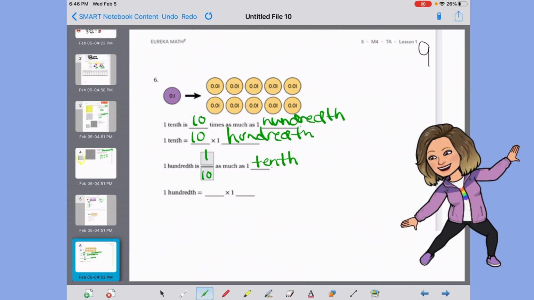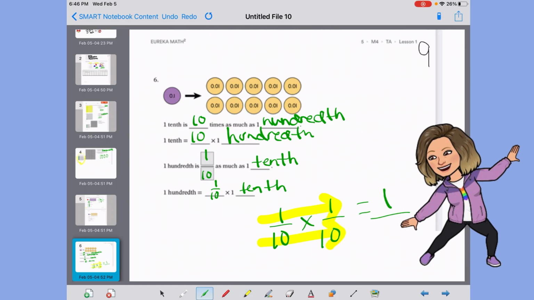So 1/100th is the same as saying 1/10 times 1/10. And that makes sense because if you think back to when we learned how to multiply fractions, we know that 1/10 times 1/10 would be 1/100th.